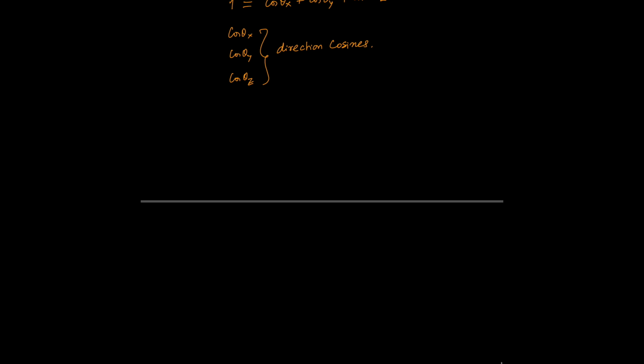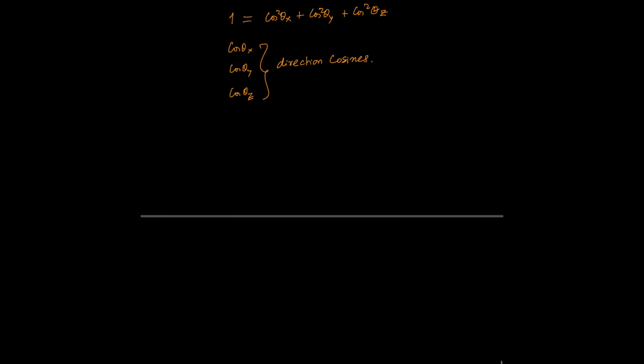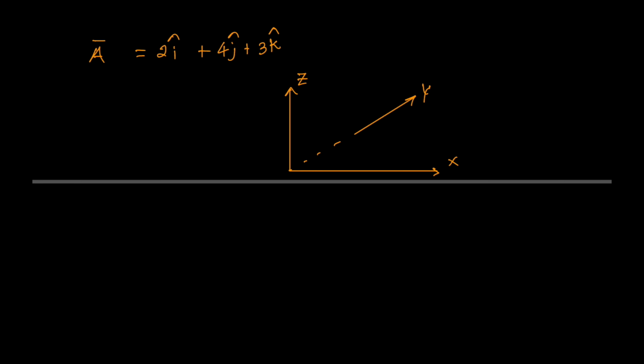So a vector in space can be written in terms of these three components, i, j, and k. Suppose a vector is like this, 2i plus 4j plus 3k. It means if you start from origin, and you move along 2i vector, you reach here.